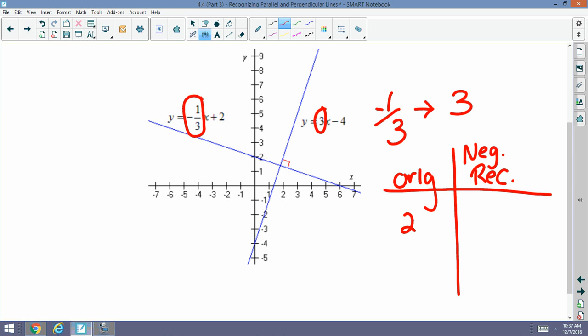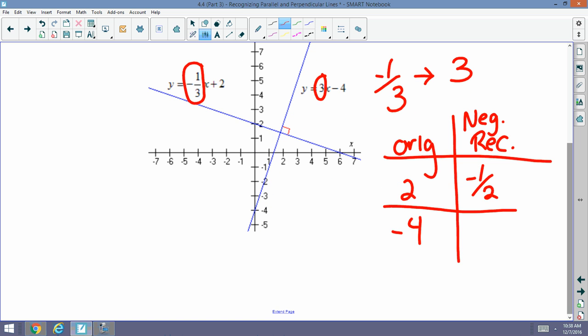Thank you. It's when you flip a number upside down, right? So for a negative reciprocal, you literally just flip the number and multiply by a negative. So in this case, my negative reciprocal would be negative 1/2. Excellent. What if I started with a negative 4? My negative reciprocal would be positive 1/4.